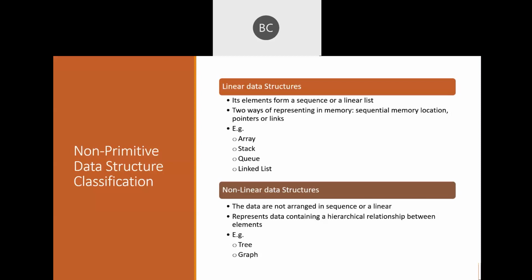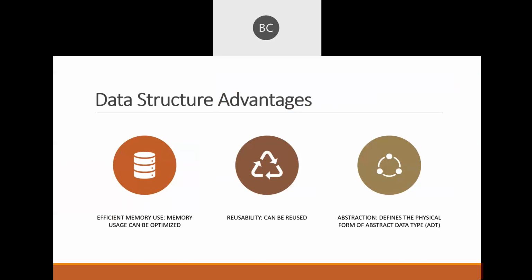There will be a hierarchical relationship, with parent and children nodes, something like your family tree: grandparents, parents, children, siblings. So this is an overview. We will go through each of these one by one.